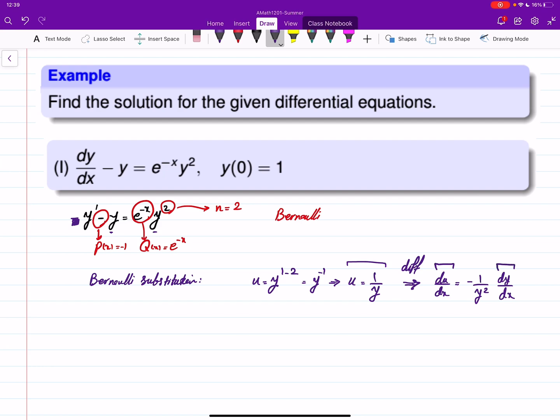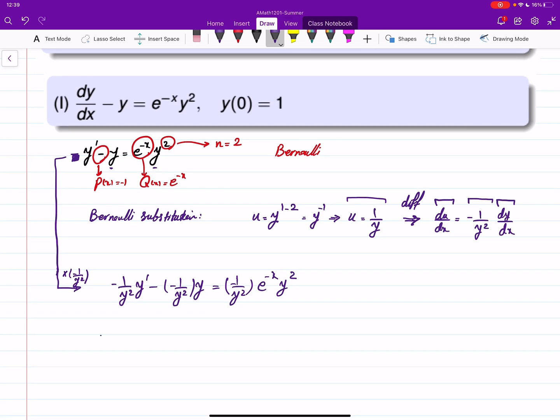I have to multiply y prime by this term to write it as u prime, so I will multiply everything by negative 1 over y squared. That gives negative 1 over y squared y prime minus negative 1 over y squared times y, equals negative 1 over y squared times e to the power negative x times y to the power 2.